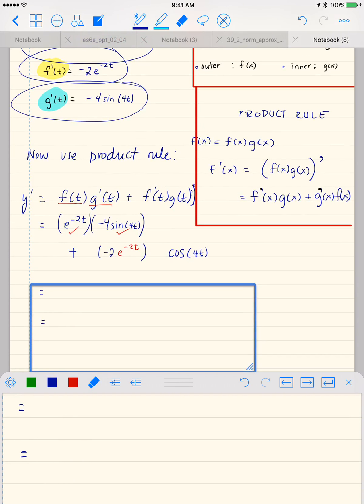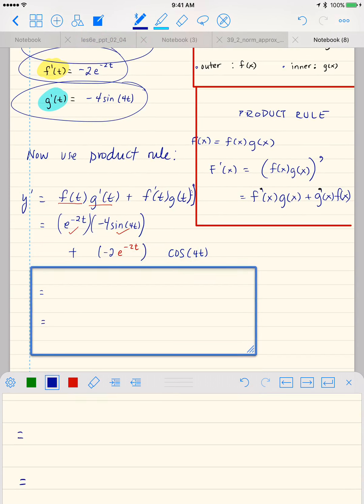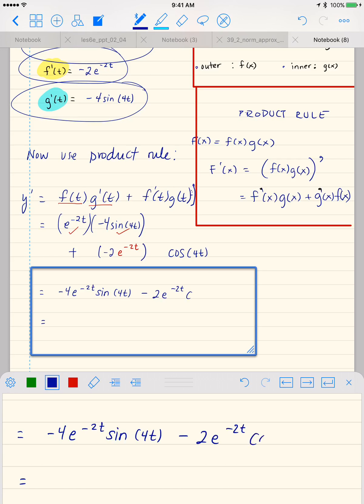So, putting it all together, I should have negative 4 e to the negative 2t sine 4t minus 2 e to the negative 2t cosine 4t.